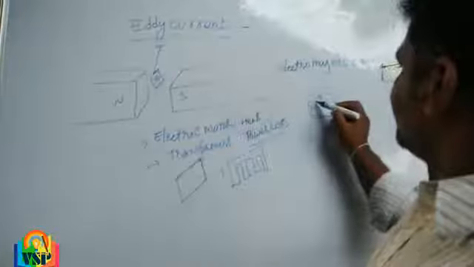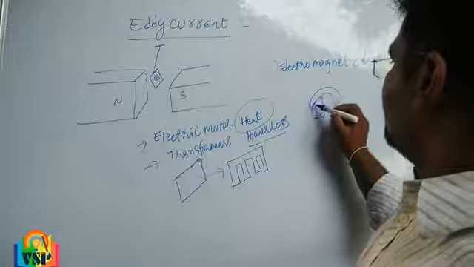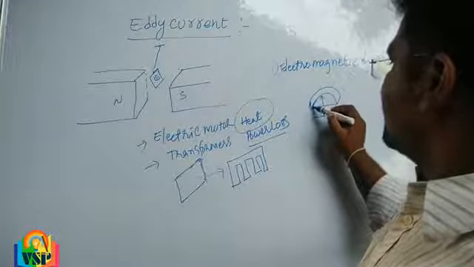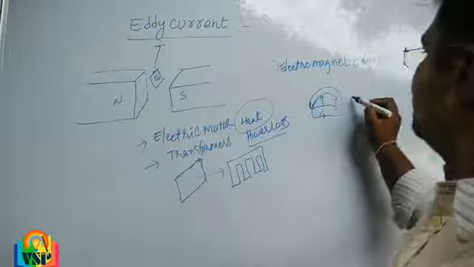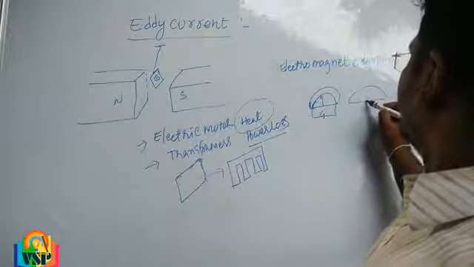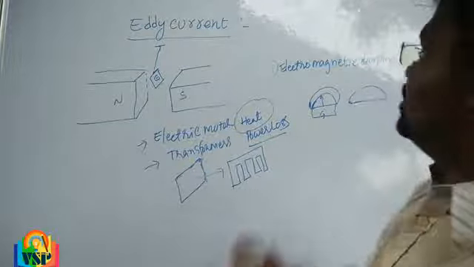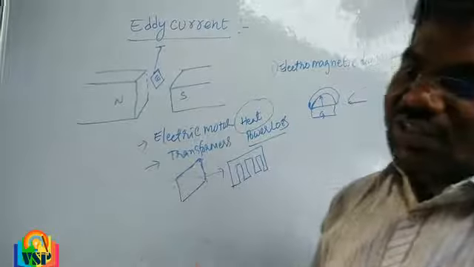Due to eddy current, the needle regains its original place. Once again, due to eddy current, the needle of the galvanometer regains its zero reading, its original position.